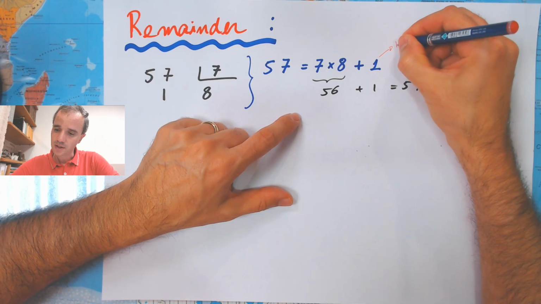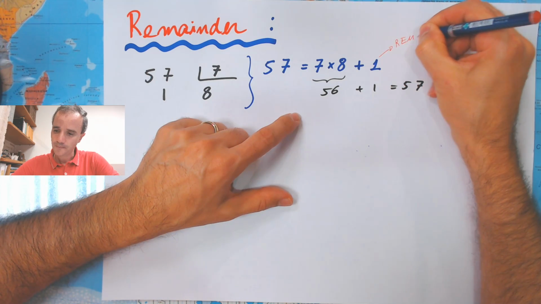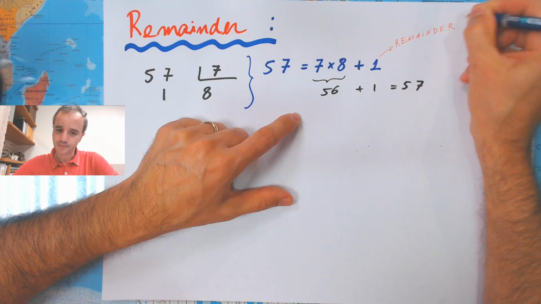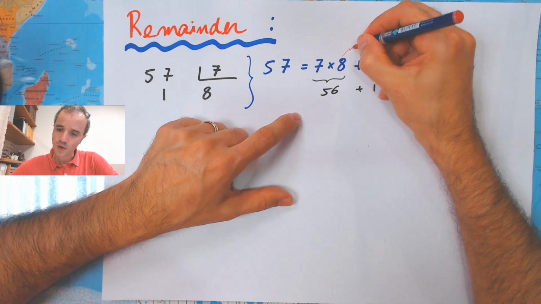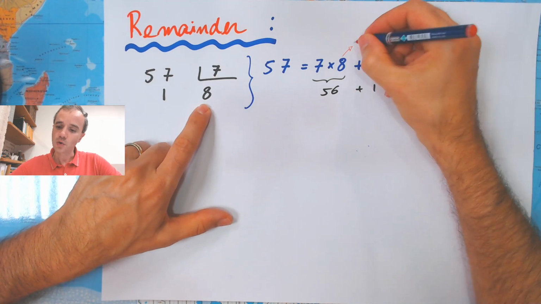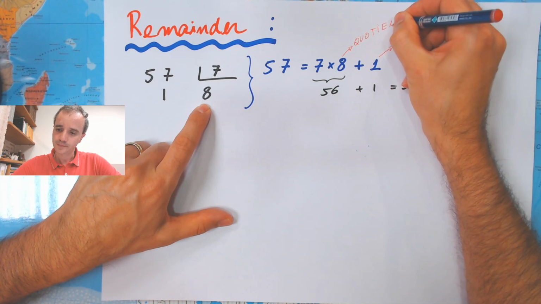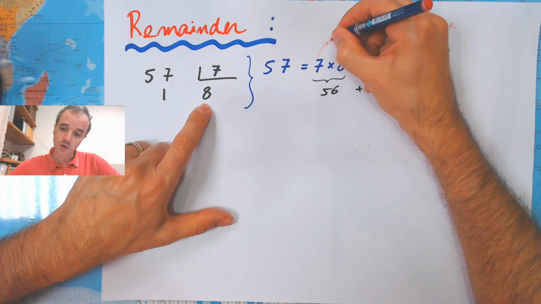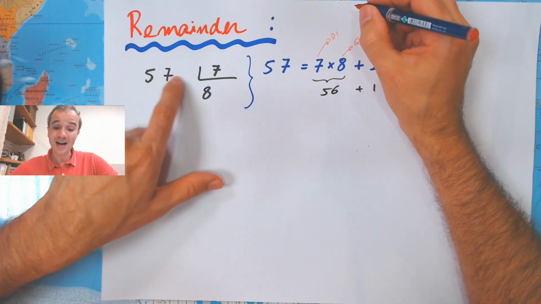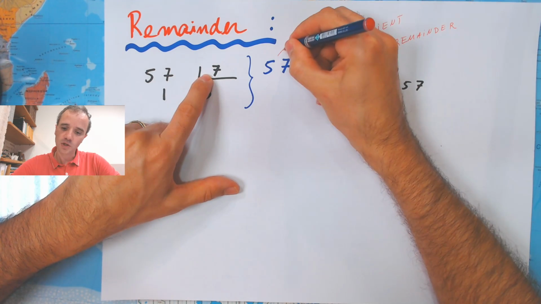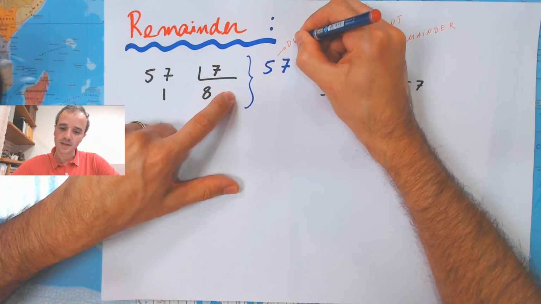Let me just put the names in here. So this is the remainder. Then this one is the 8, the quotient, right? This one is going to be the divisor, divided by 7, divisor. And this one is going to be the dividend.